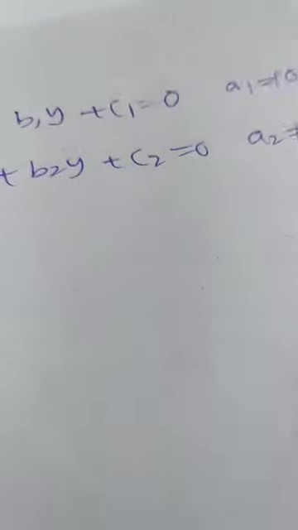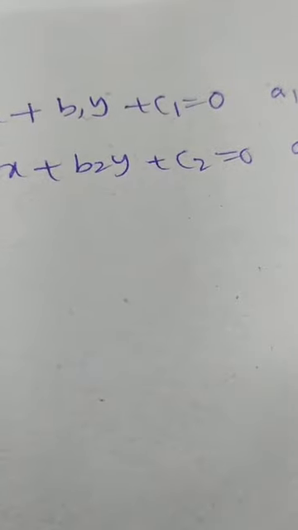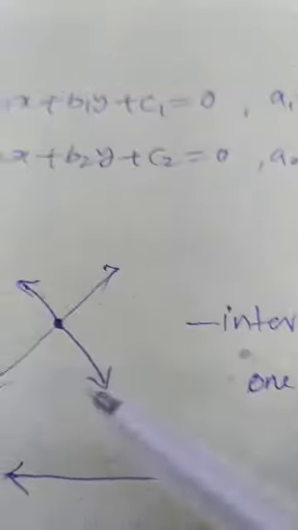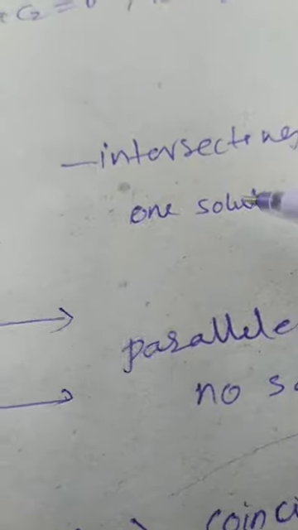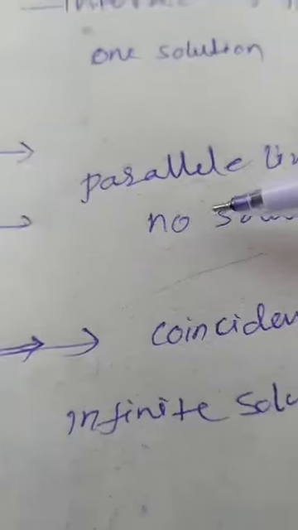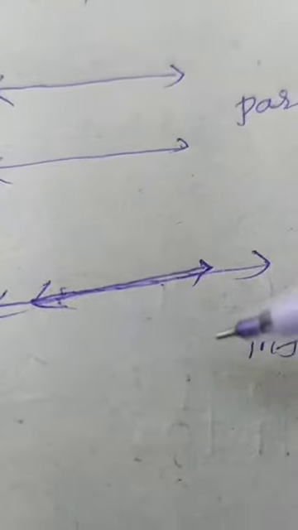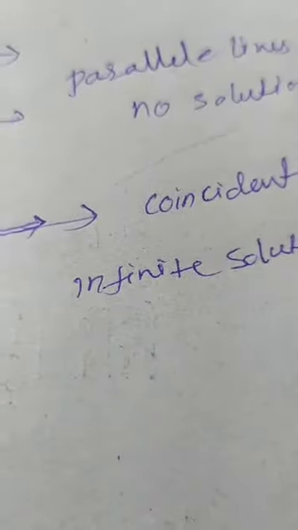But without a graph, I have to know how many solutions these two equations have. By the graphical method, if you draw the lines and they intersect, by seeing the graph you can say it has one solution. If you get it like this, at that time you can say there is no solution. Sometimes you may get a graph like this, and that time you can say infinite solutions.